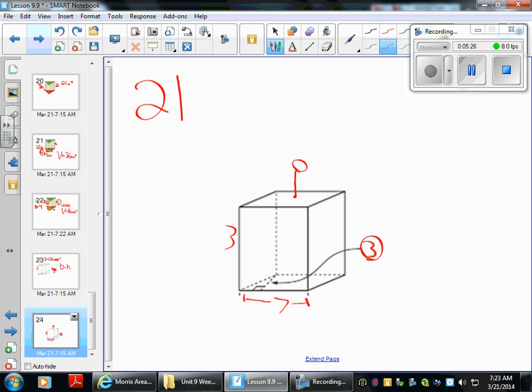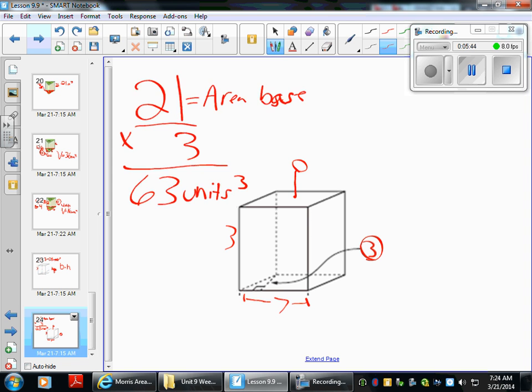So 21 is the area of the base. Take that number and multiply it by the height of the apartment building, in this case 3. For this answer, we have 63 units cubed. I don't have to divide by 2 because it's a parallelogram. It has 4 sides. Since it has 4 sides, I don't need to divide by 2.